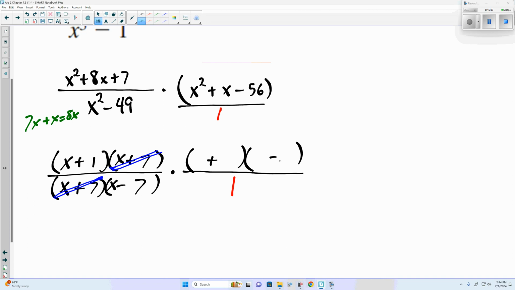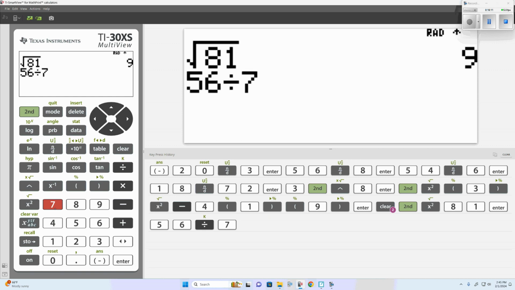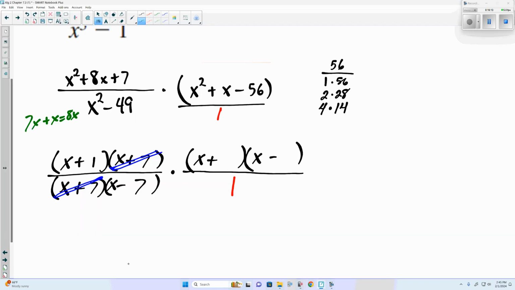Since the third term is negative, our signs are opposite. Factors of x squared are x and x. Now 56 has some factors, 1 and 56, 2 and 28. 3 does not work, but we have 4 and 14. 5 does not work, 6 does not work. 7 and 8.